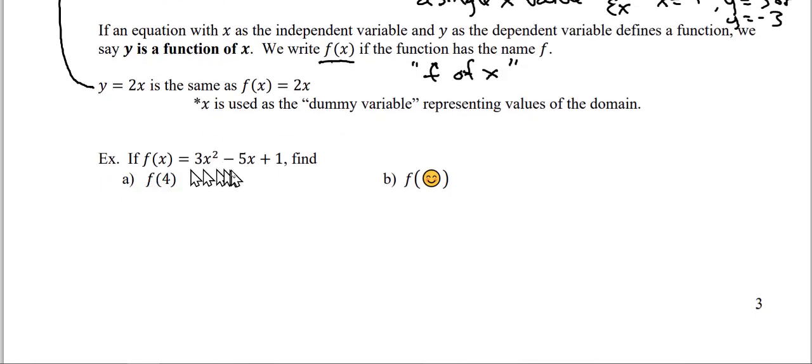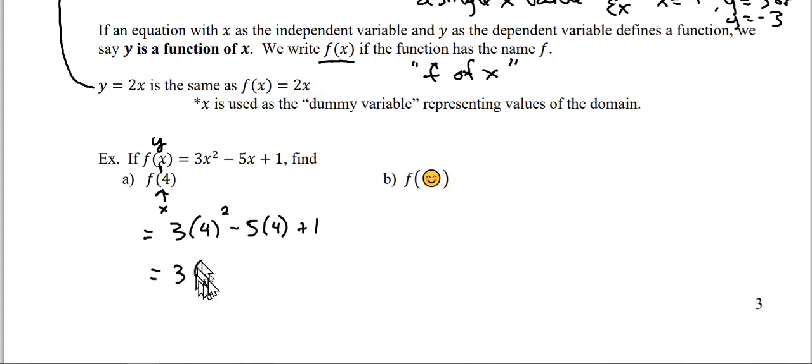Let's suppose we have this function, f of x equals 3x squared minus 5x plus 1. Remember, that's kind of like the y, right? But what this is saying is everywhere I see an x, the x is replaced by 4.